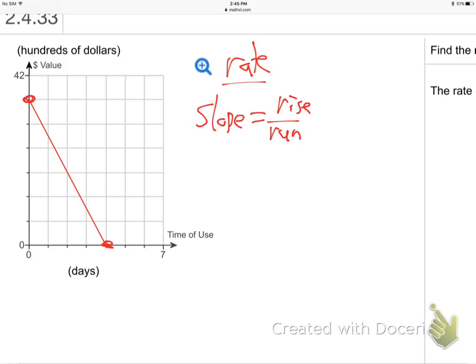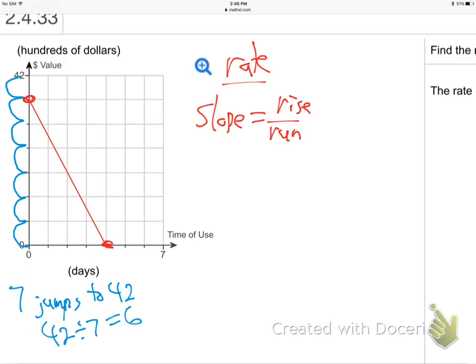All right, how much is each of these jumps? Did you figure that out? Am I going too quick? So notice if you come over here and you go from 0, you go 1, 2, 3, 4, 5, 6, 7 jumps up to 42. 7 jumps to 42. So how much is each of those jumps? Yeah, 42 divided by 7 is 6.